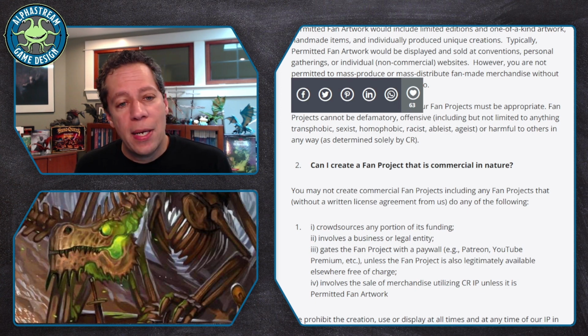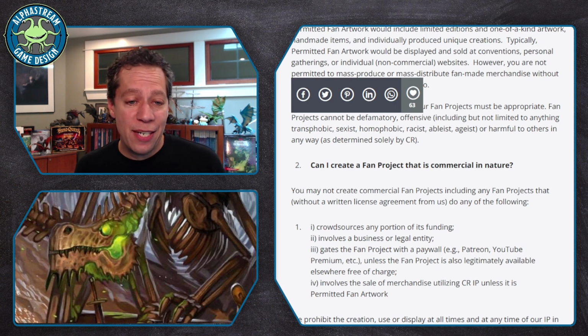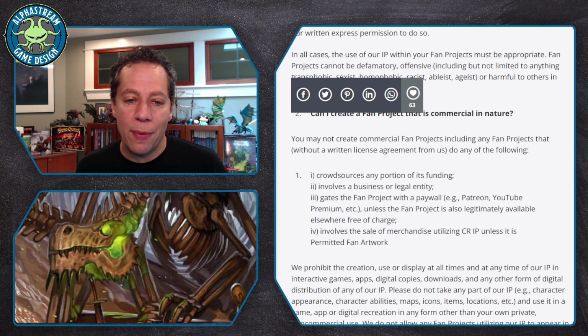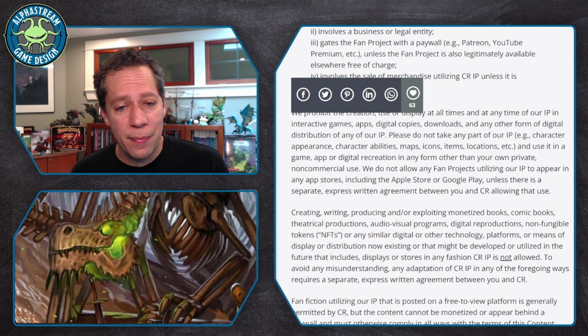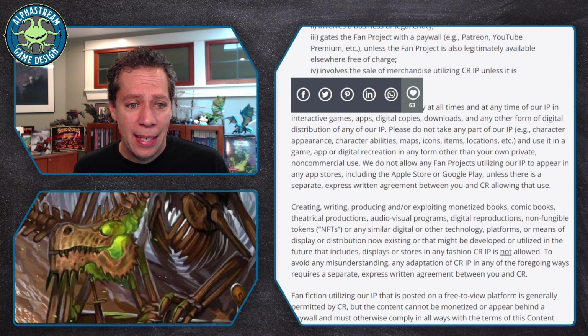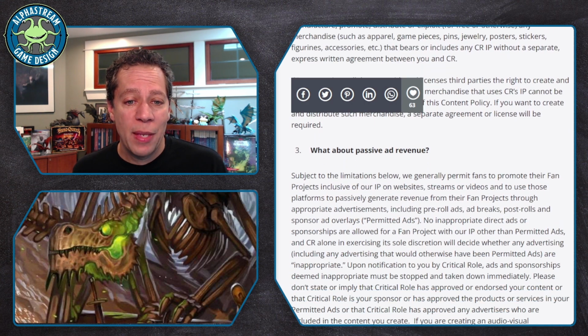And so they get into all kinds of things that you can do and can't do. So you cannot create commercial fan projects that crowdsource or involve a business or legal entity or gate the fan project or anything like that. So you see, it starts being similar to all the examples we've given in the past. But they have a very extensive policy here that goes through all of that.